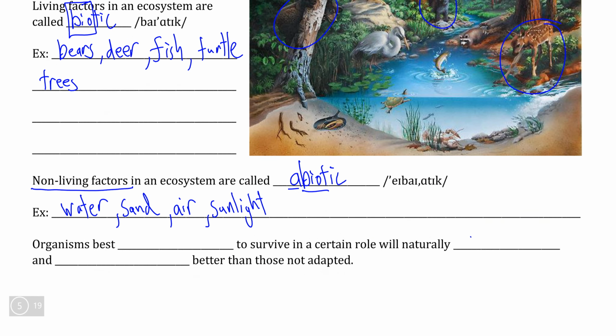Now, in order to talk about this, we need to talk about a word that is frequently used and misused in evolutionary biology, that being to adapt or having adaptations. So in ecology, organisms that are well adapted to living in their environment are organisms that are able to survive and to reproduce to allow their children or their offspring to survive in the next generation.